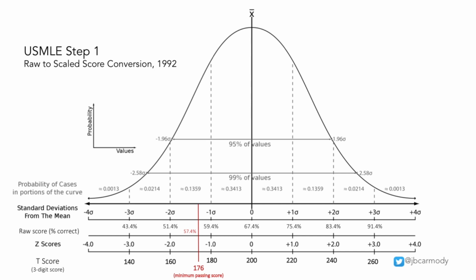And that allows us to calculate the standard deviation, and that allows us to fit in all the other values on here. So if you took USMLE Step 1 back in 1992, you scored one standard deviation above the mean. You had a scaled score of 220, and that meant that you got 75% of your test questions correct. If you wanted to be 2 standard deviations above the mean, then you answered 83% correct, and so on.